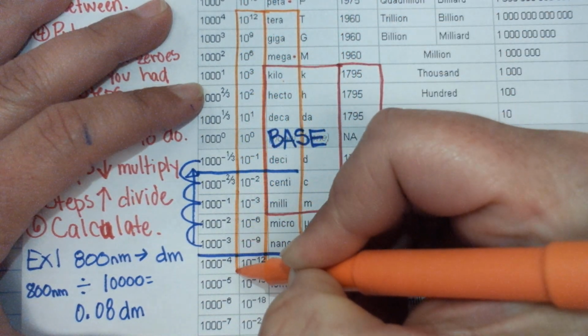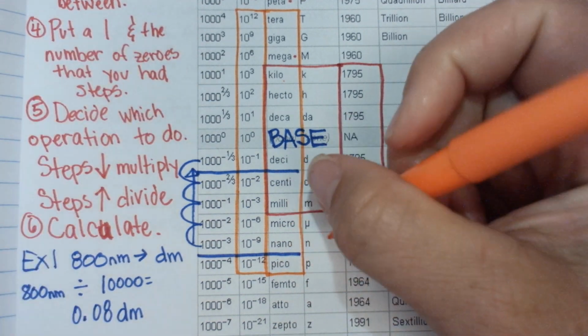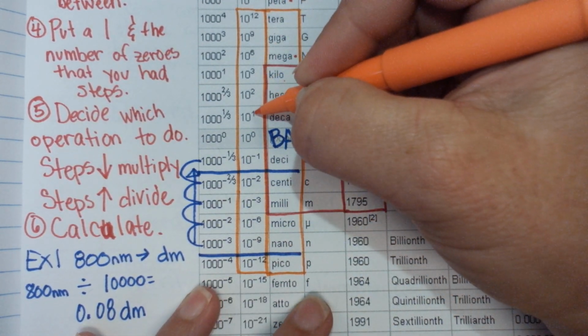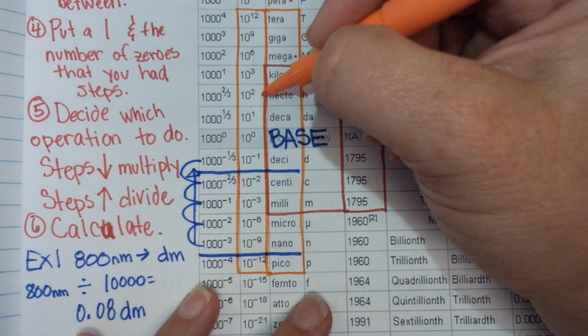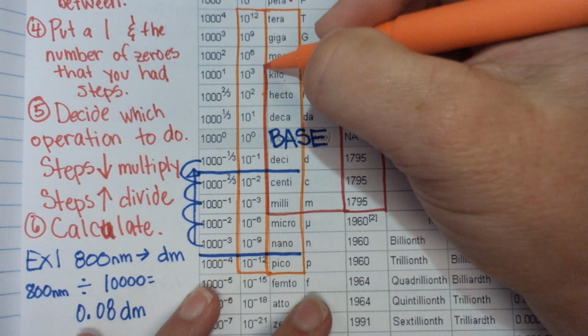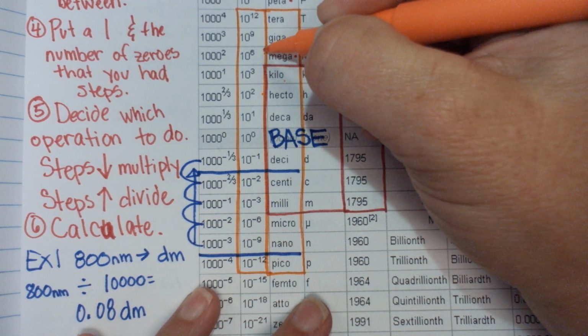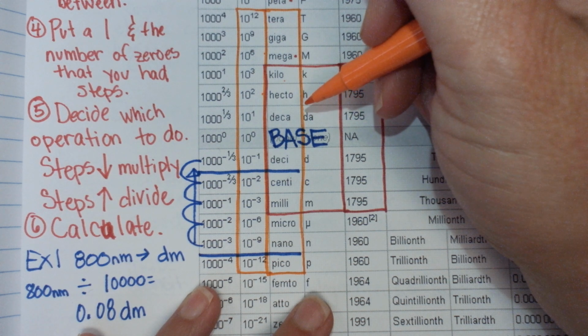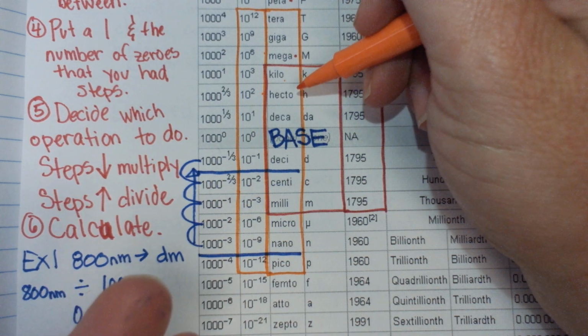Let me point out one thing, and I'll do an example of this before I move on. I want you to notice deca is 10 to the first, hecto is 10 to the second, kilo is 10 to the third, but mega is 10 to the sixth. What happened to 4 and 5? There's just not a name for 4 and 5.